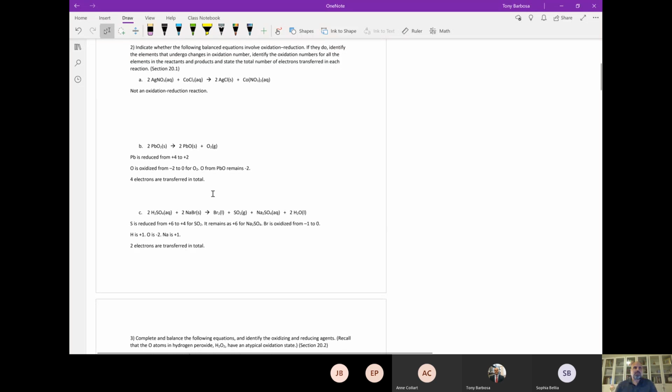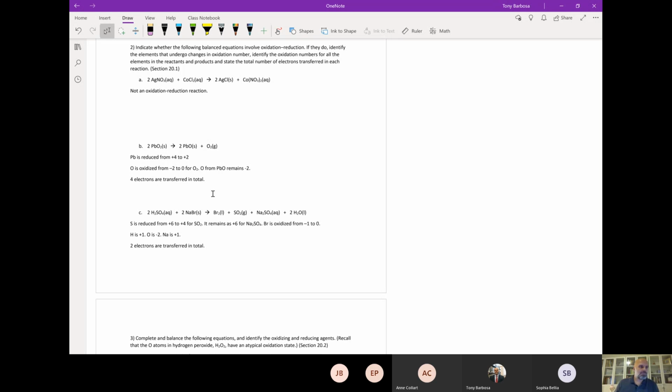So this problem says indicate whether the following balanced equations involve oxidation reduction. If they do, identify the elements that undergo changes in oxidation number, identify the oxidation numbers for all the elements in the reactants and products, and state the total number of electrons transferred in each reaction.